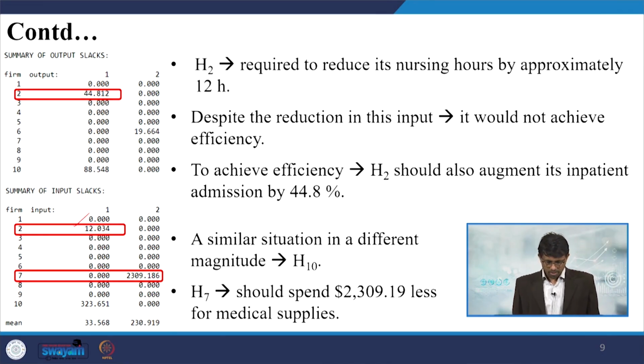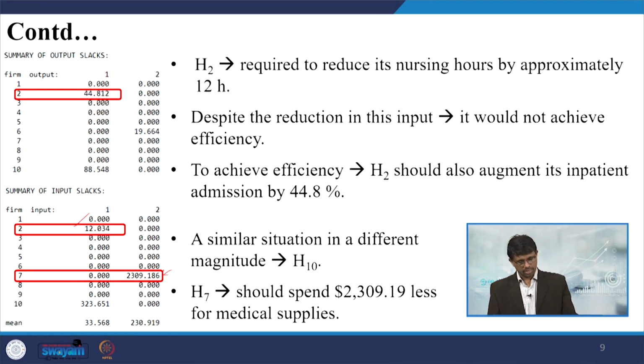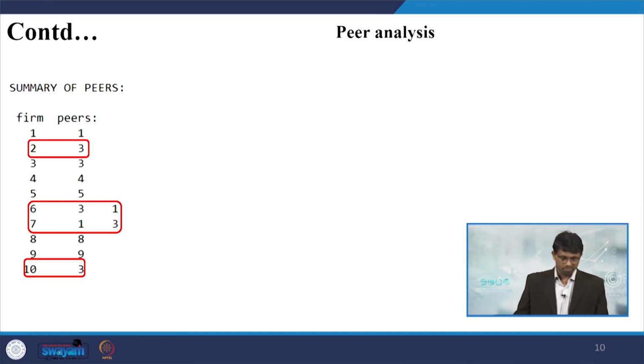Now you can see the second one that is clearly mentioned: H7 should spend around 2309.19 less on medical supplies. The first case is 0, so the second one is important, and that is what we have emphasized.